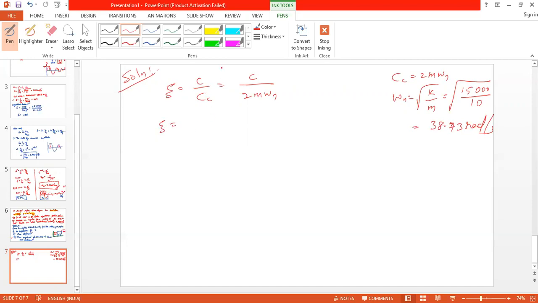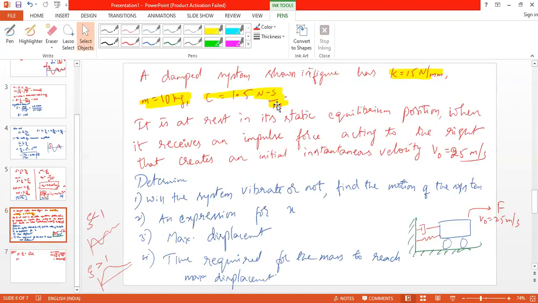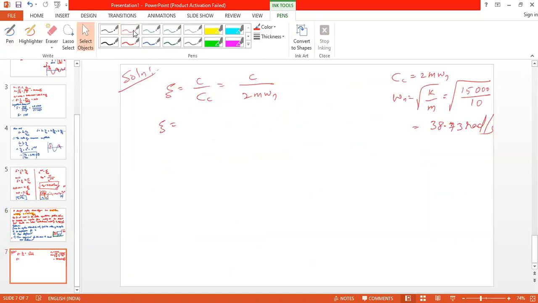So zeta is, the value of C is 1.5 Newton second per mm. Then the question is in mm, so it is 1.5 into 1000 Newton second per meter. So it is 1500 divided by 2 into 10 into 38.73. So what is the value of zeta?